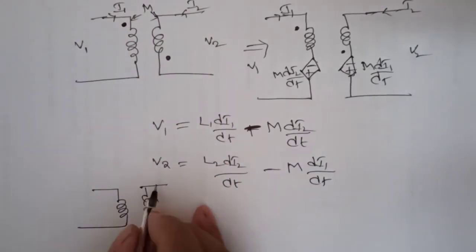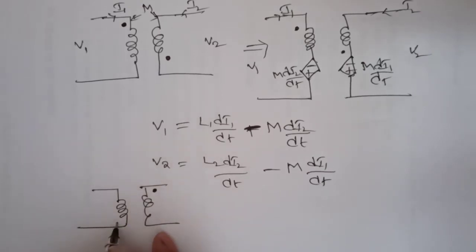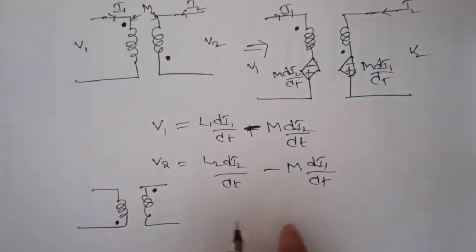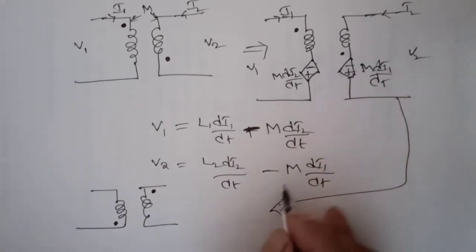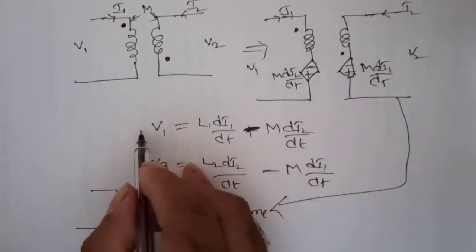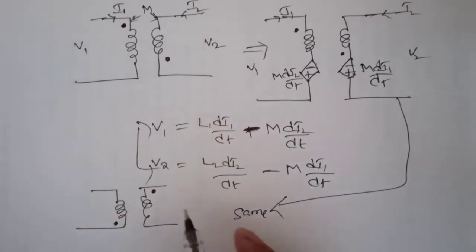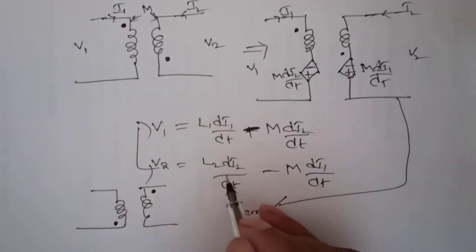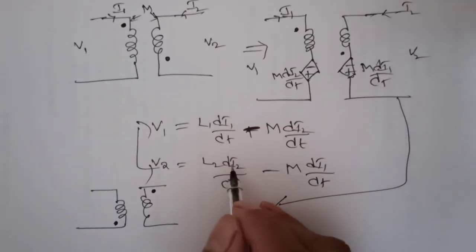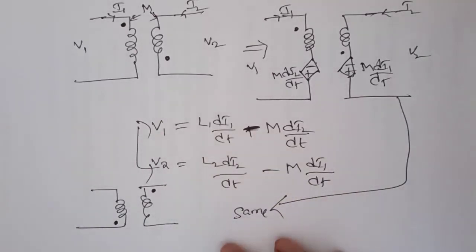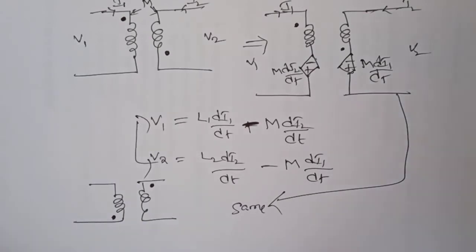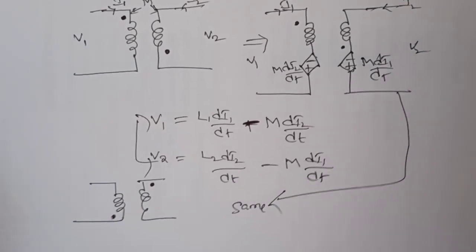If current is entering into the second coil and leaving in the first coil, the equivalent diagram is also the same and the voltage equations are also the same. So this is the way one can find the sign of the voltage induced in the other coil due to the effect of one coil.